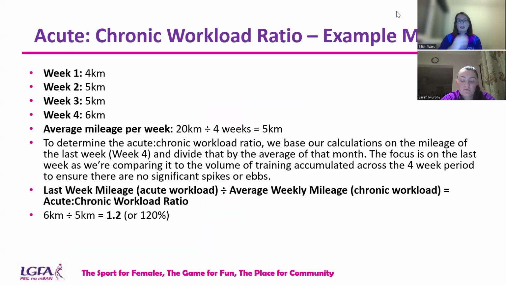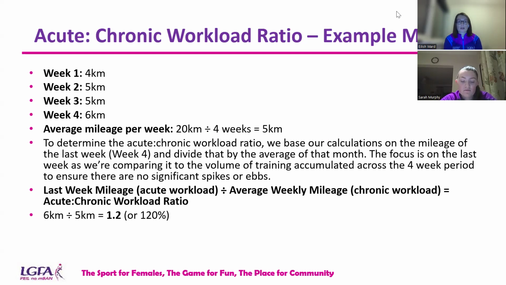So just a bit of an example here. If we look at weeks 1, 2, 3, and 4, this is just a really simple example. I have a Gaelic one in a second. Over the course of those weeks, we have 20K ran.